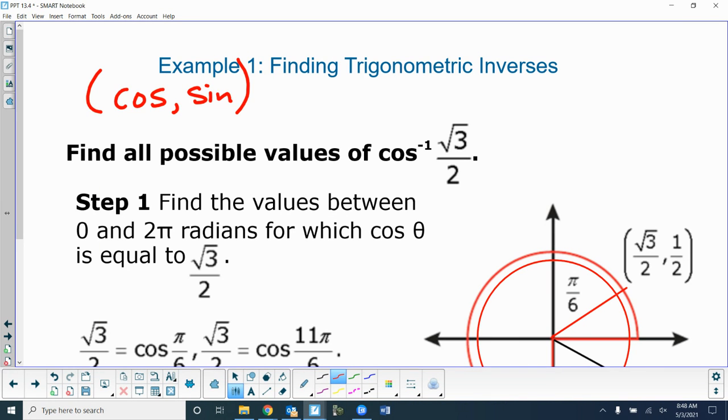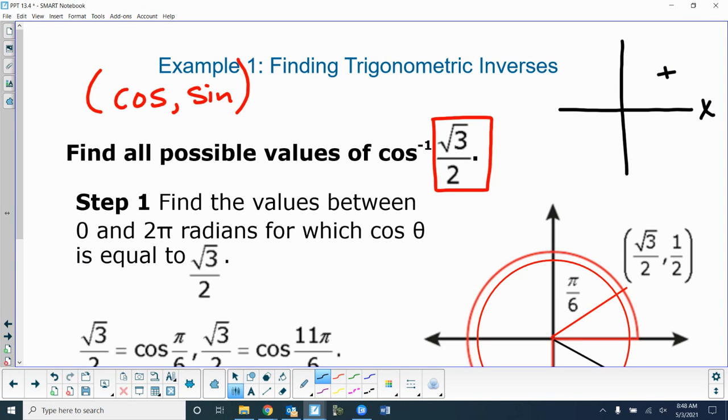So, what two quadrants is the x value positive? You know, we got our y-axis, our x-axis. X is positive here and here, right? You with me? So it could be in the first or the fourth.